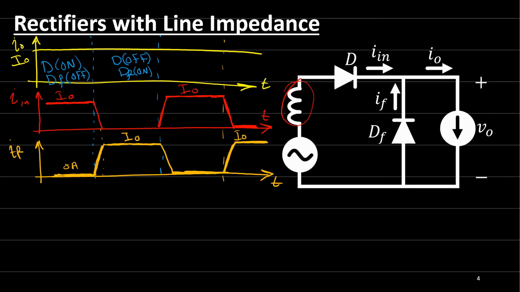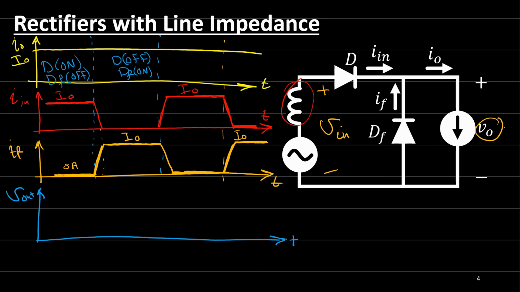But let's see how the output voltage, the load voltage, looks like, and how the input voltage looks like. Let's look at this cycle, for example.